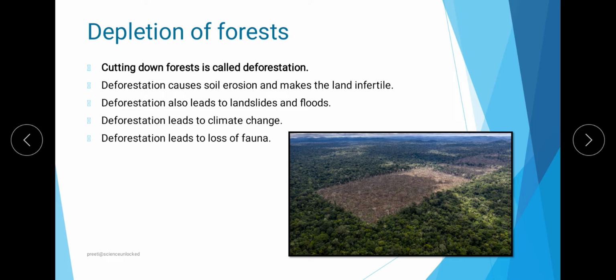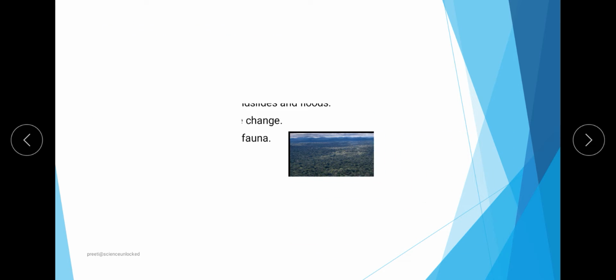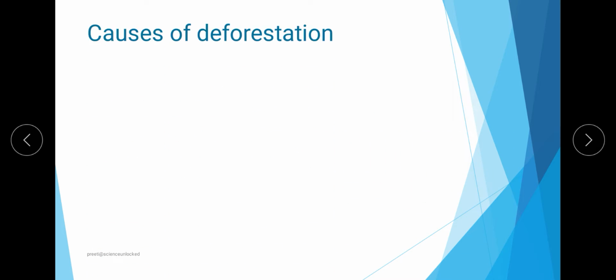So obviously if we want to find a solution for the depletion of forest, then we need to find the reason behind deforestation, that is, what exactly are the factors.